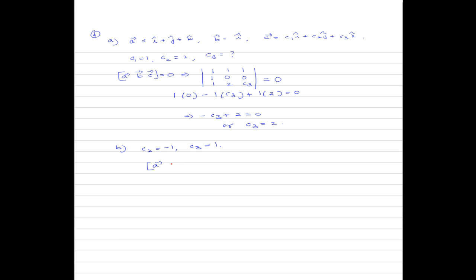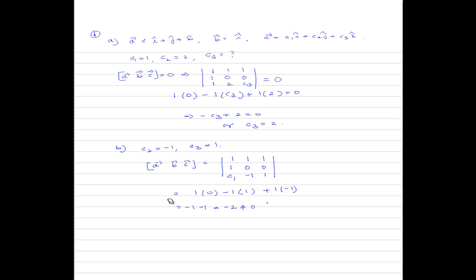It will be given as 1, 1, 1; 1, 0, 0; c1, minus 1, 1. Expanding this, we get 1 into 0 minus 1 into 1 plus 1 into minus 1. That becomes minus 1 because here there is no c2. There is no c1. So this becomes minus 2, which is not equal to 0.